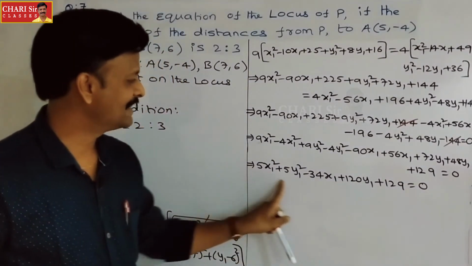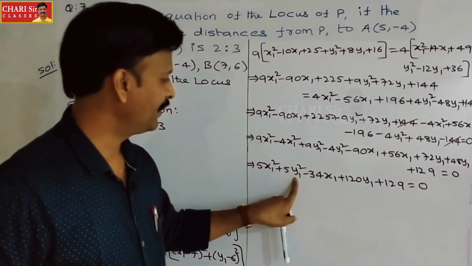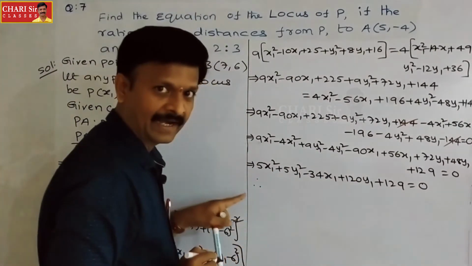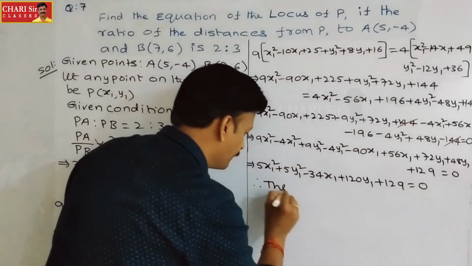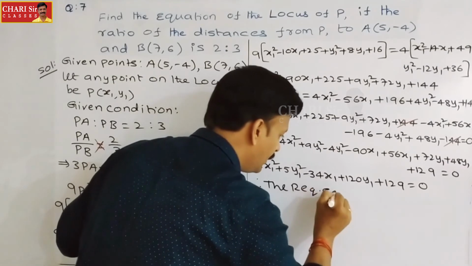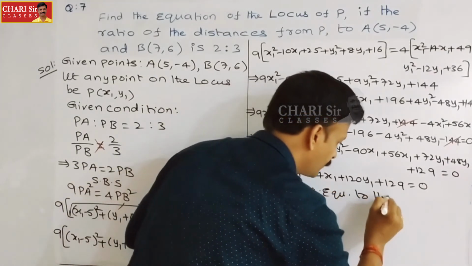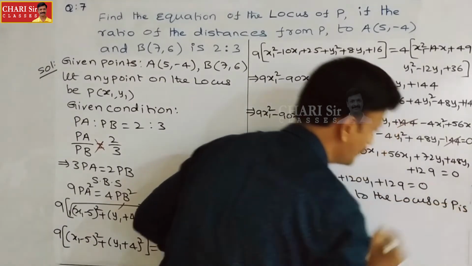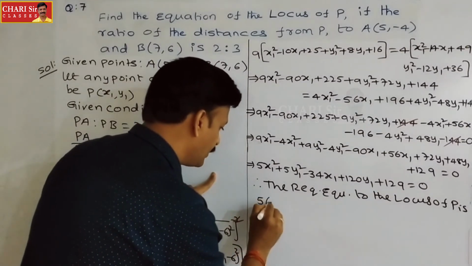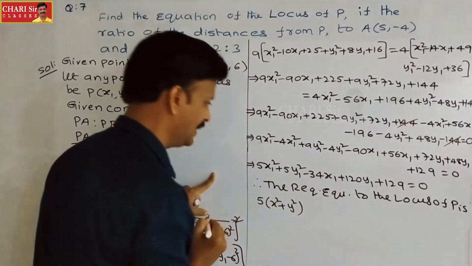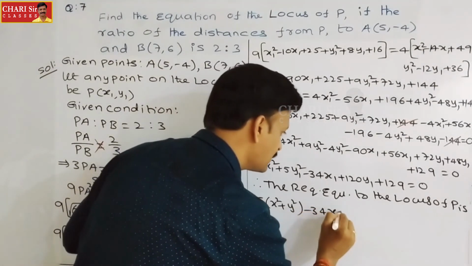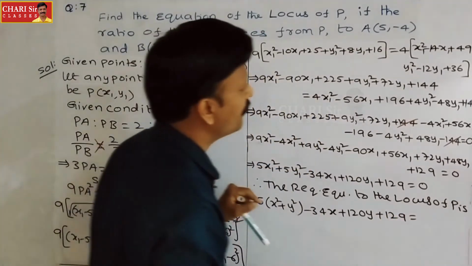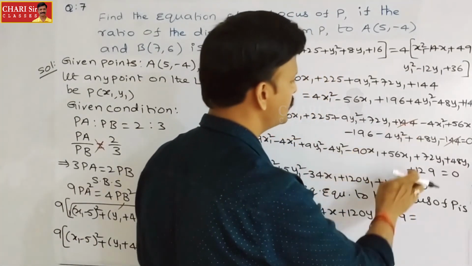So now everything is simplified. If you want to take 5 common, you can take 5 common. The remaining terms are as they are. Therefore, the required equation of the locus of P is 5 common, x square plus y square, minus 34x plus 120y plus 29, sorry, not 129 actually, that becomes 29, only 29.